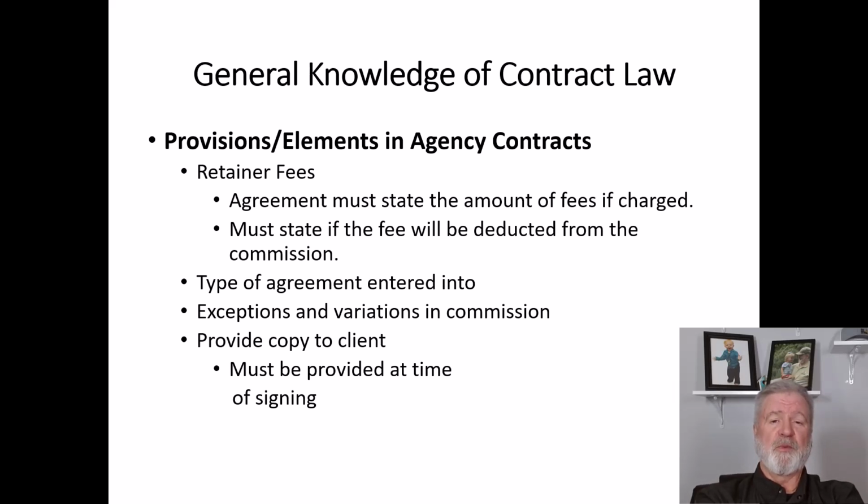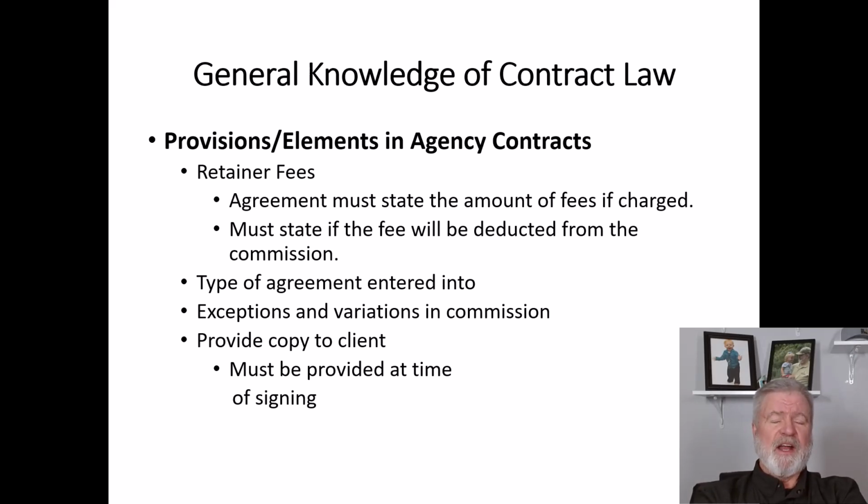Usually at their house. They've signed it, but who else has to sign it? The broker in charge. That means I've got to get back to the office, or use some electronic means, but at any rate, I have to get my broker in charge to sign it.